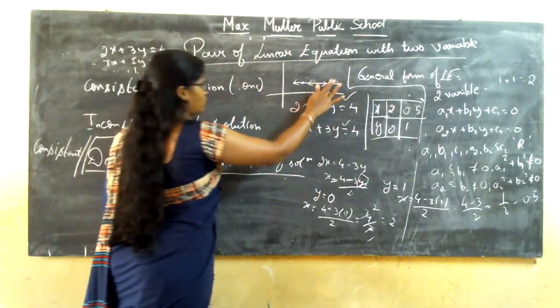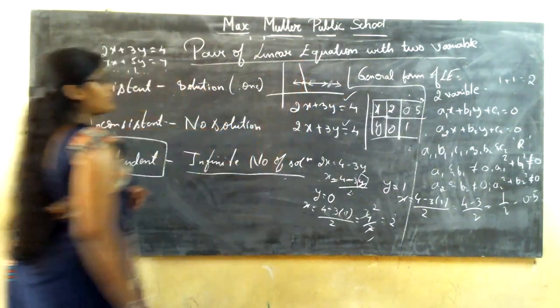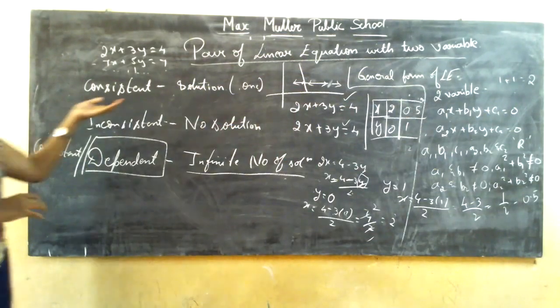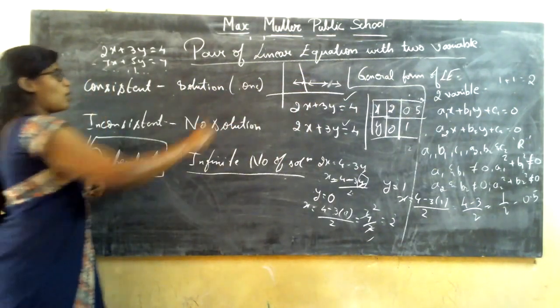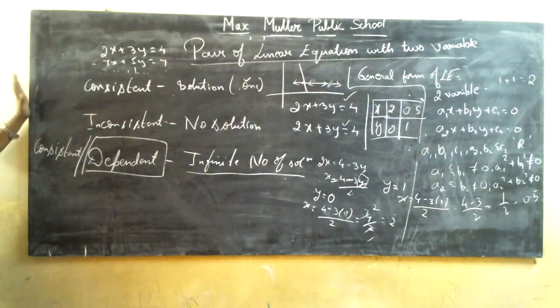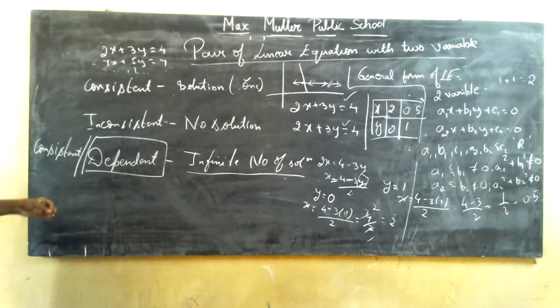If one of the points is not intersecting, and you get a pair of lines in a crisscross shape, then you are going to say it is consistent, because you have only one solution. Now I think you have got the difference between consistent and dependent. Dependent means n number of solutions will be there. All the points you have found in the given two equations should coincide with each other. Only then are you going to say it is dependent.